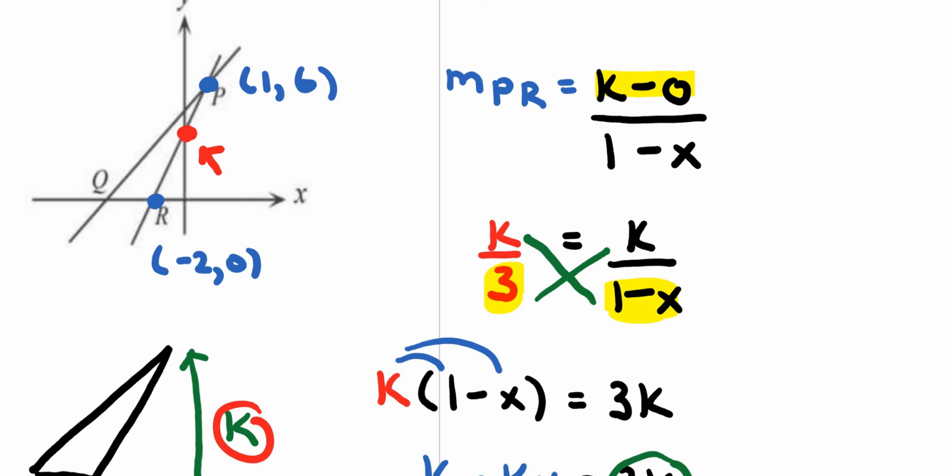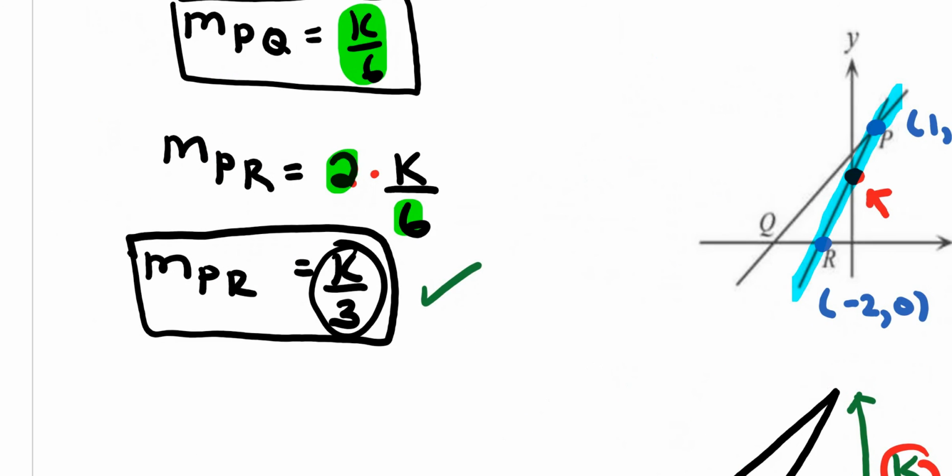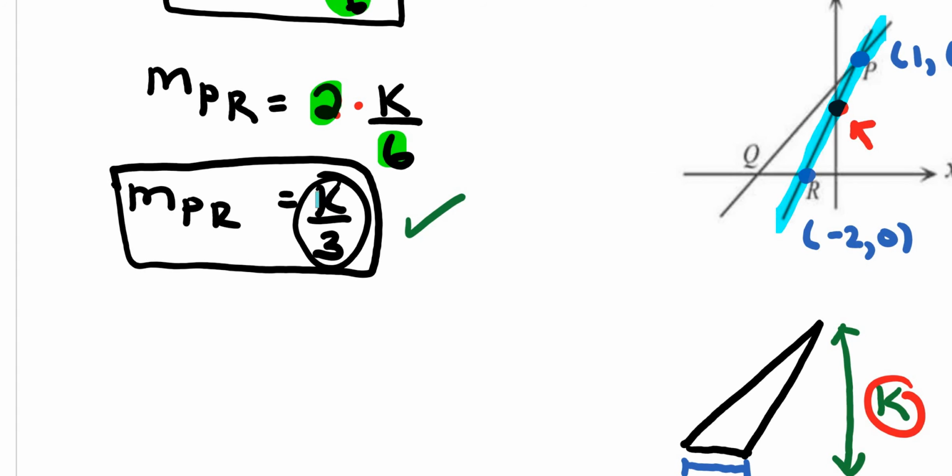So what we can do now is we've got to find the slope of this line right here, right? And we don't need to do the whole y2 minus y1 over x2 minus x1, and that's just because we know the slope of that line is k over 3, right? And the k value was 6, so 6 over 3 means the slope has a value of 2.